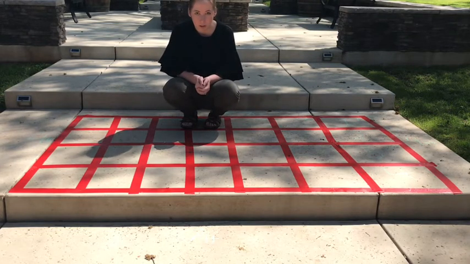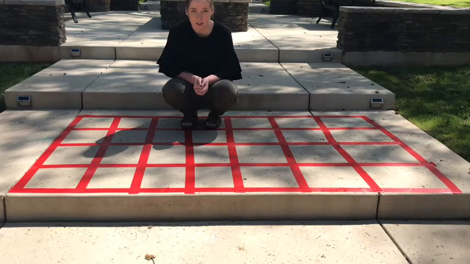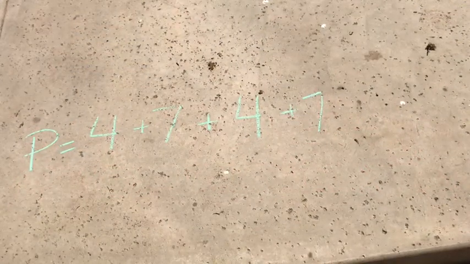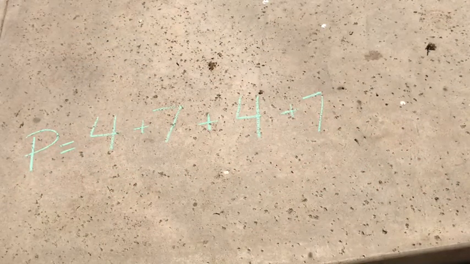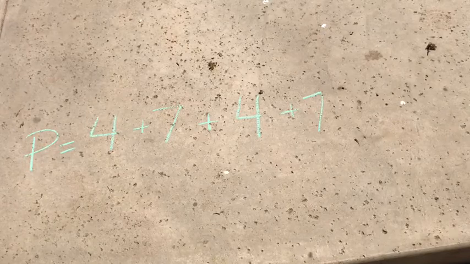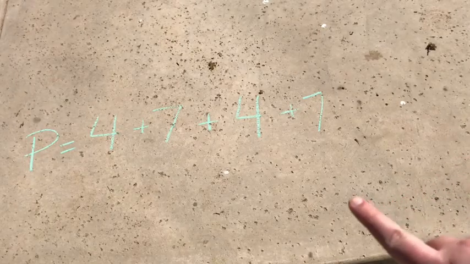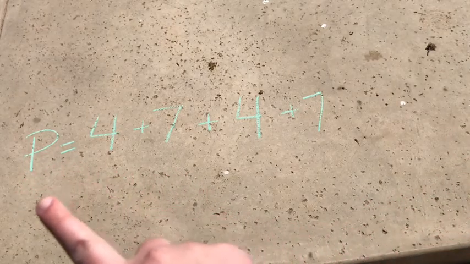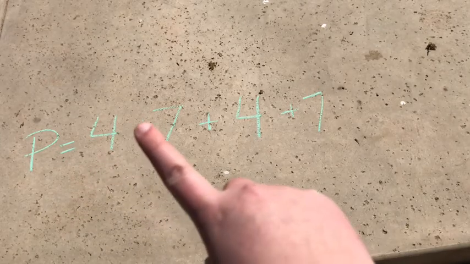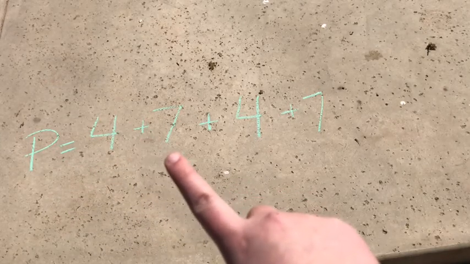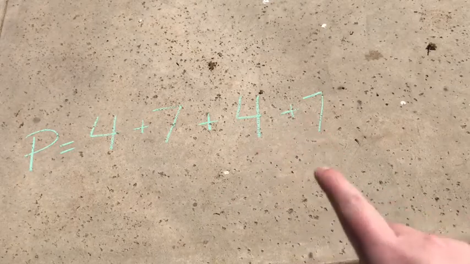What's 4 plus 7 plus 4 plus 7? So I have my equation drawn out right here to show our length and our width and our other length and our other width. So we have our perimeter equals 4 plus 7 plus 4 plus 7.